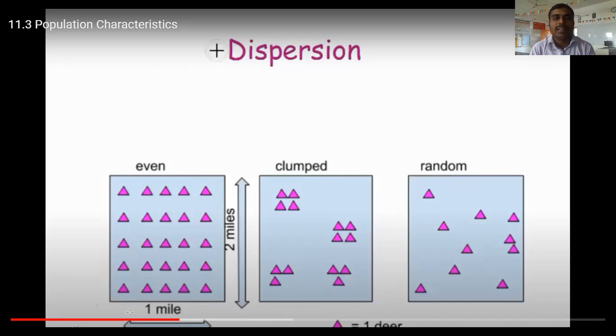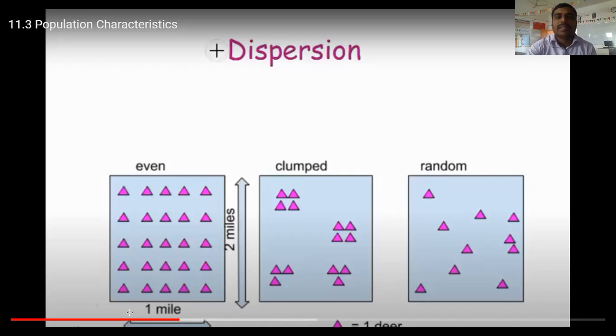Then the second type of dispersion is random. Here the position of one individual is unrelated to the position of its neighbor. This type of dispersion is also rare in nature. The third type of dispersion is clumped dispersion.